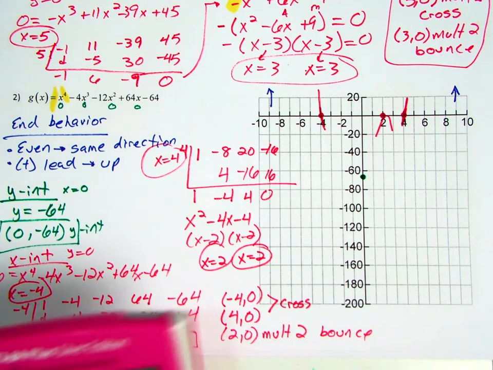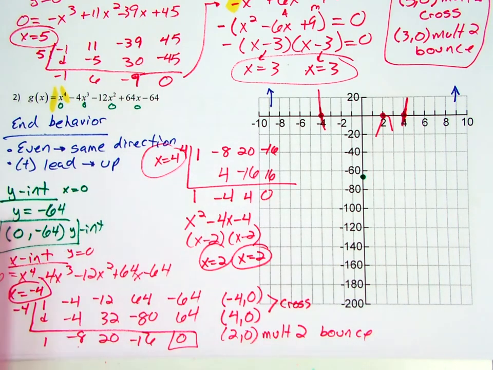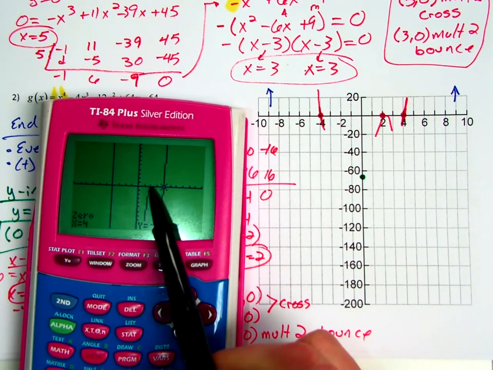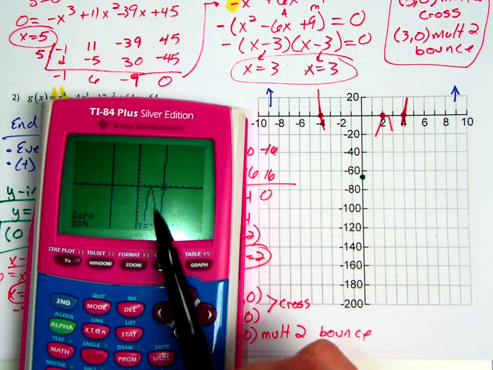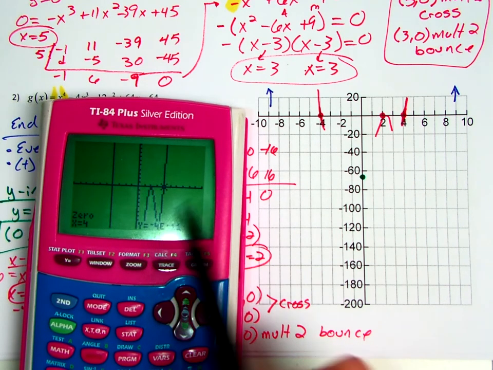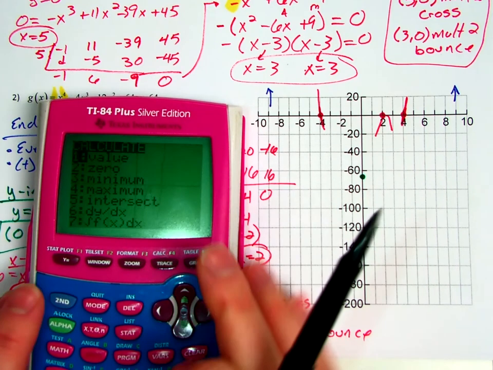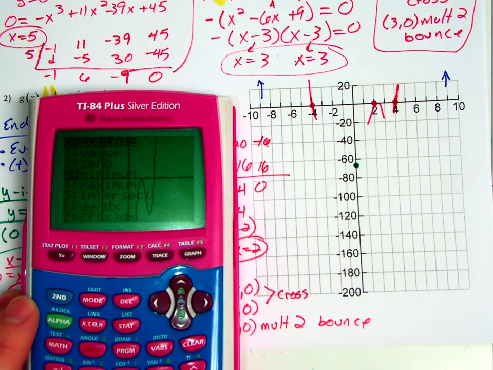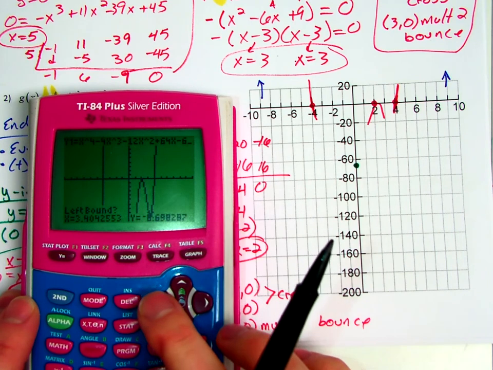All right, so now we have to find maximums and minimums. Well, right now, I know that this is a maximum. I know that there has to be a minimum here because it comes back up. So let's start out finding this minimum. So second, calculate, minimum. So I have to be to the left of it.